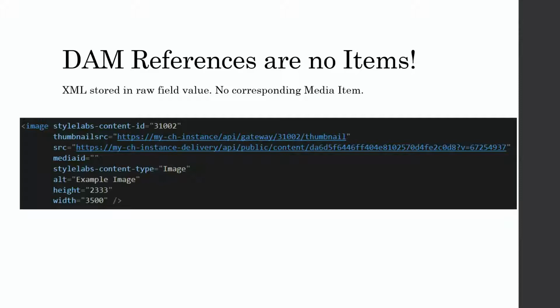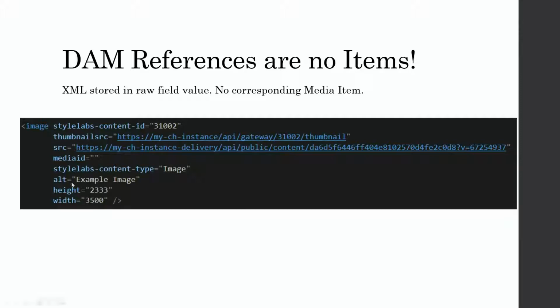All that is actually stored within the raw value of an image field is an XML snippet like this one. So we have the Stylelabs content ID. This is the asset ID from Content Hub. With a thumbnail link, we have the actual public link that we are going to use, and just some basic metadata like an alt text.